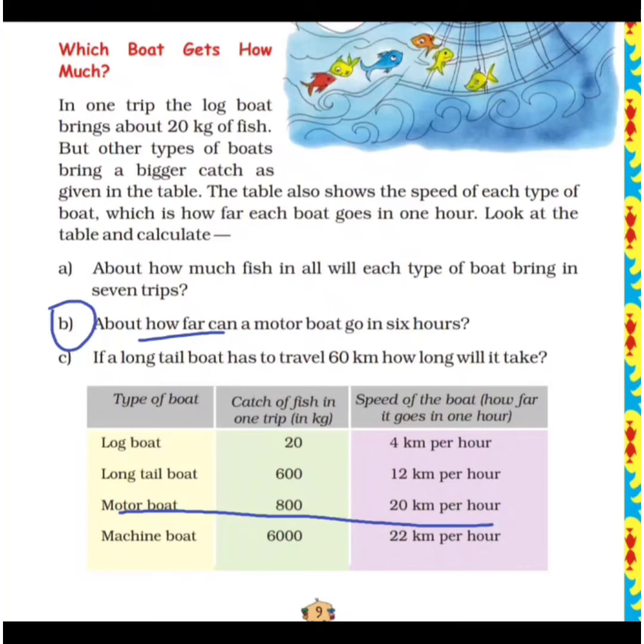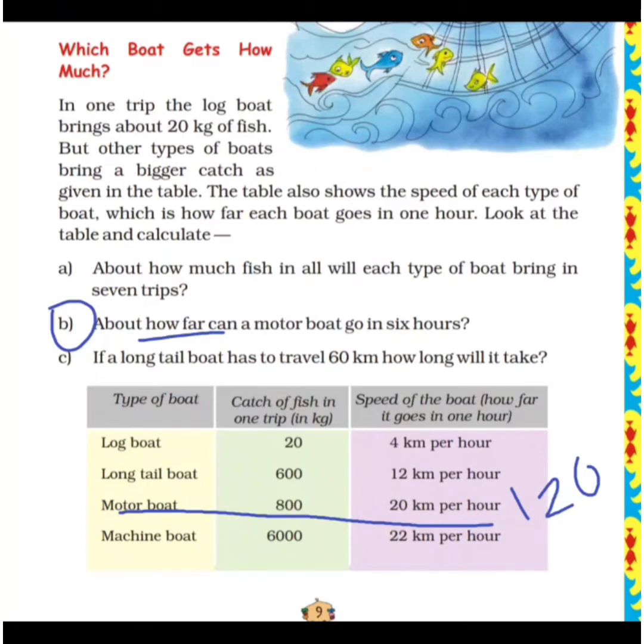In 1 hour motorboat is traveling 20 kilometer. So what about in 6 hours? So in 6 hours, 6 multiplied by 20, that is 120 kilometer. This is the solution.